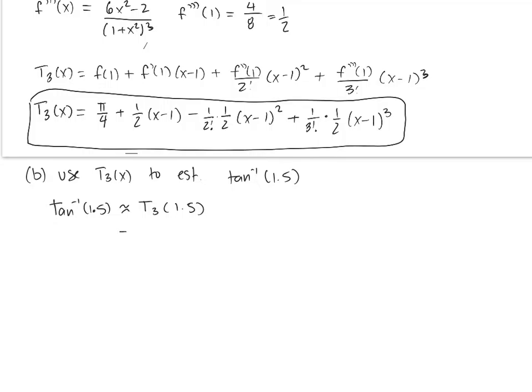So that's pi quarters plus a half times a half. Do you buy that? Because 1.5 minus 1 is a half, right?